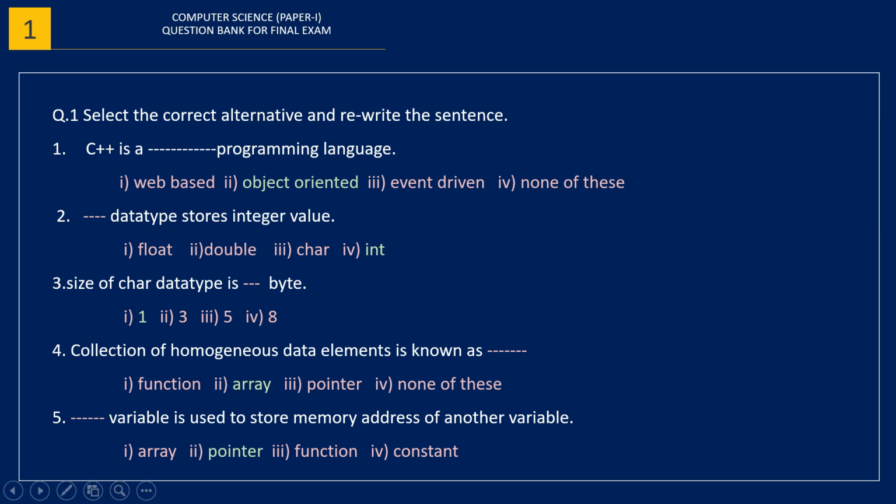Dash variable is used to store the memory address of another variable. Just now we discussed that pointers are used to store the address of another variable, because arrays store homogeneous data elements, functions define blocks of code, and constants define constant variables. So pointers hold the memory address of another variable.